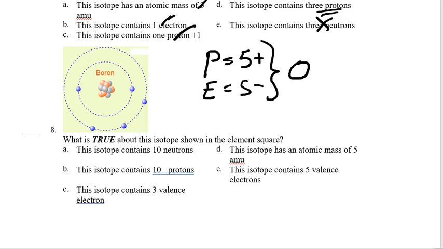I can't tell how many neutrons, but maybe that's not important. So what is true is it contains 10 neutrons. I don't know that. It contains 10 protons. No, it contains 5. It contains 3 valence electrons. Yes, it has actually 3 valence electrons. These electrons out in the outermost shell, that is the definition of a valence electron. So the answer is C.